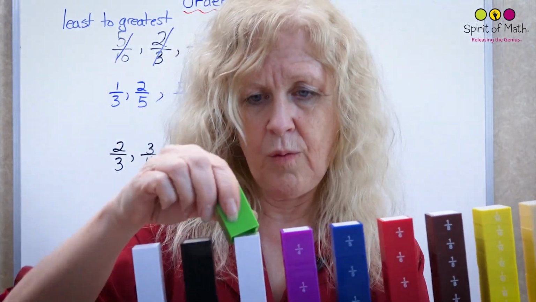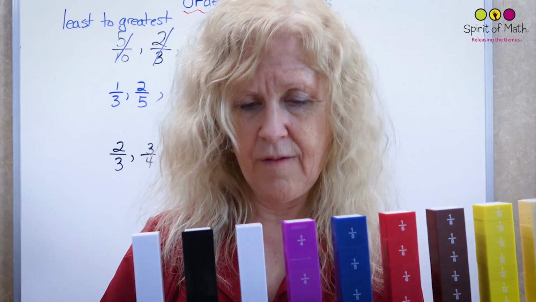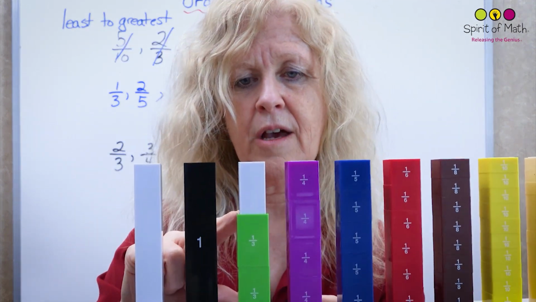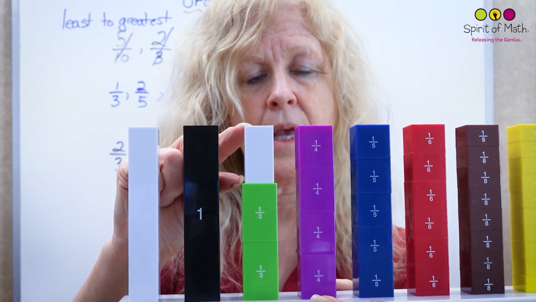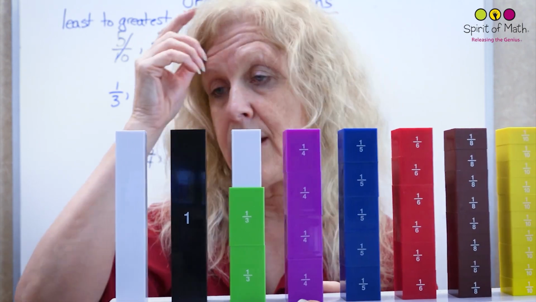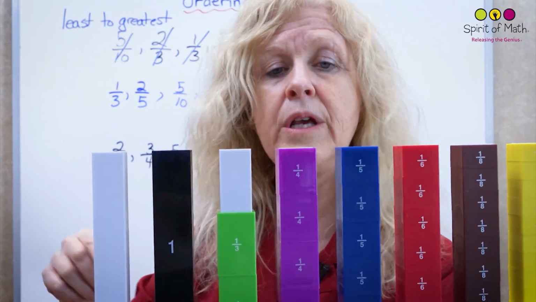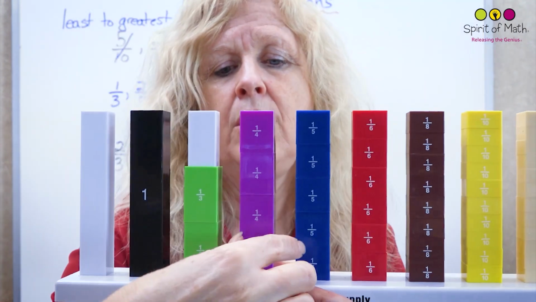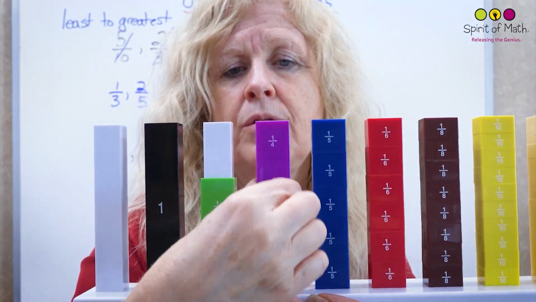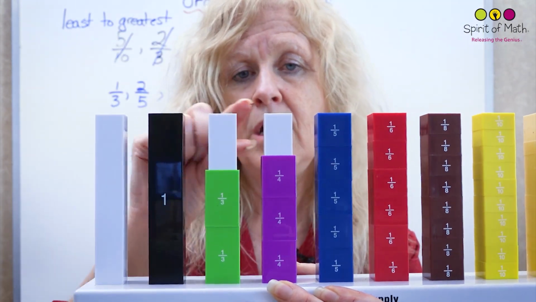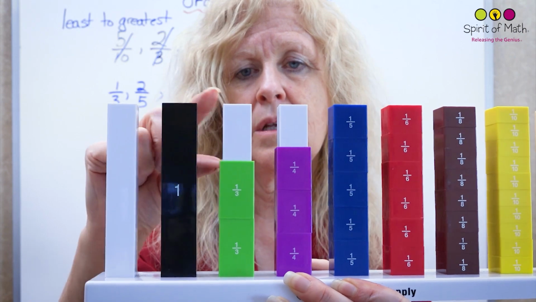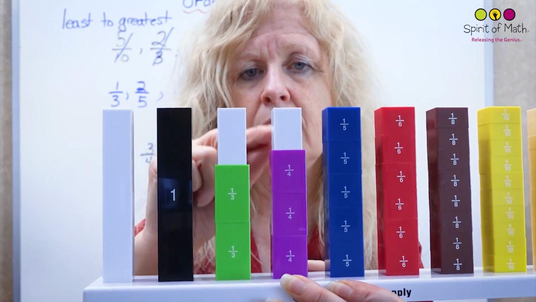So I've got 1/3 and I've got 2/3. Now there's 2/3. What's missing up here is pretty big. So now the next one is 3/4. Well, here's 1, 2, 3, 4. So let's do 3/4. Look what happens. Look at the distance between this and 1 for 3/4.